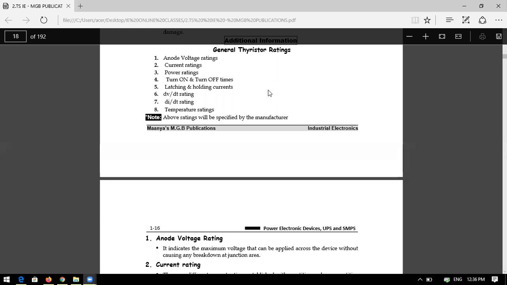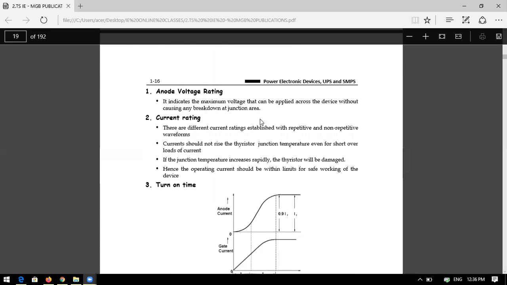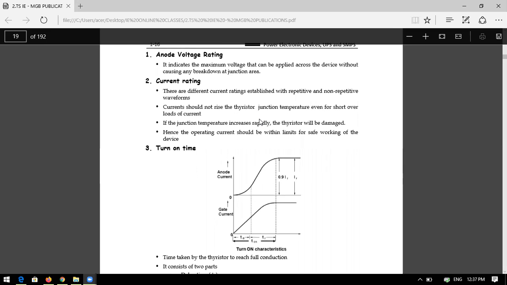So for that, you have to learn the definitions of these rating values. The first one is the anode voltage rating. What does it mean? It indicates the maximum voltage that can be applied across the device without causing any breakdown at the junction area.